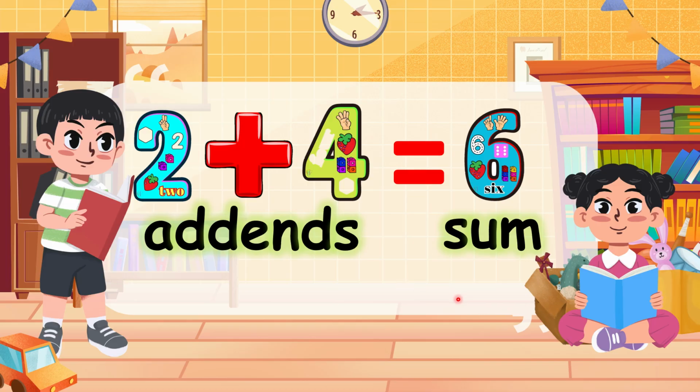So the 2 numbers that we have to add together are called addends. Please say it, addends. Now, what do we call the answer to addition? The answer to the 2 numbers that we have added. All right, we call it the sum.